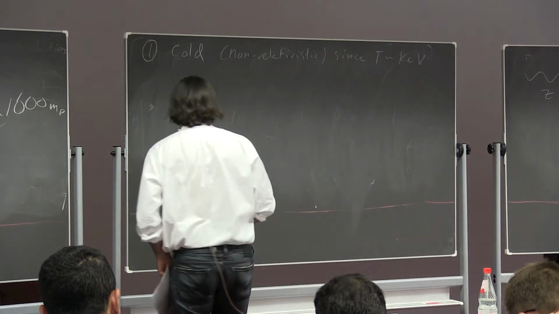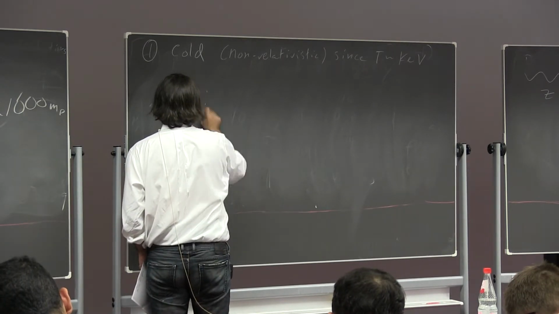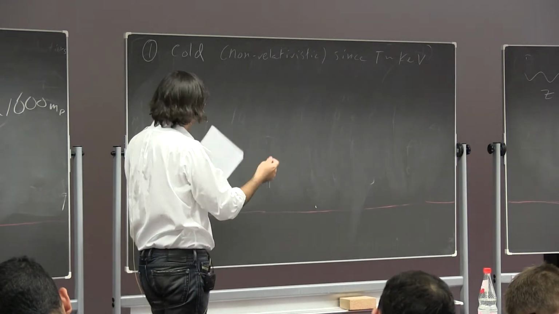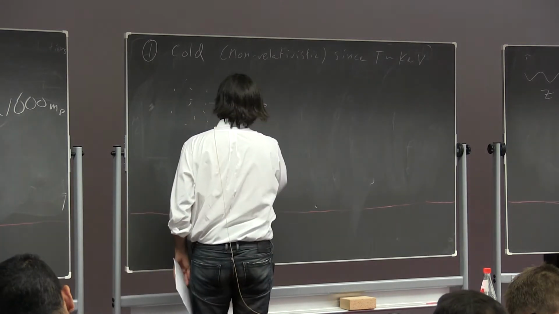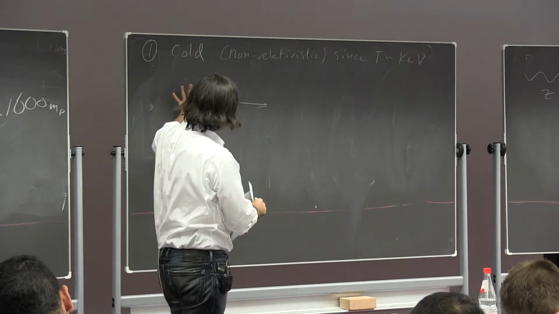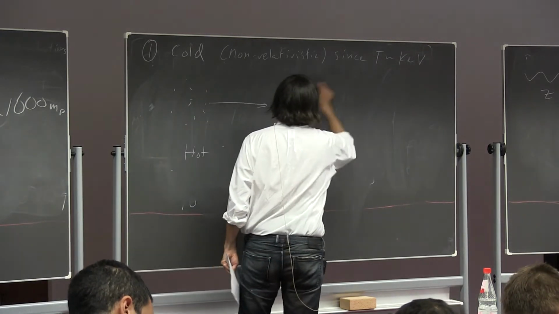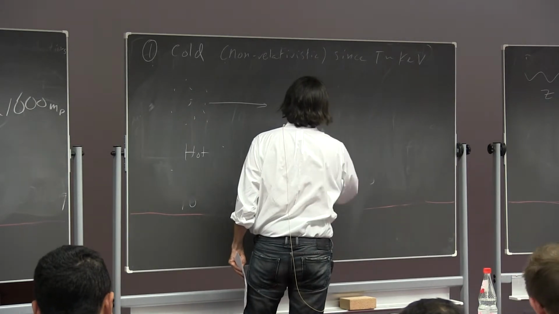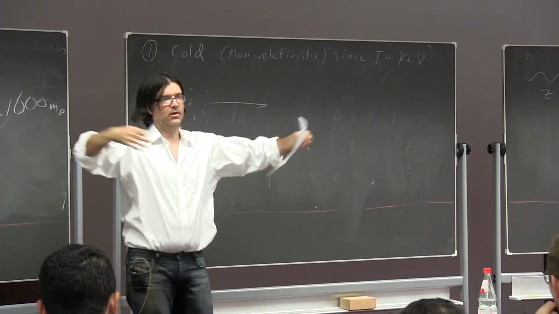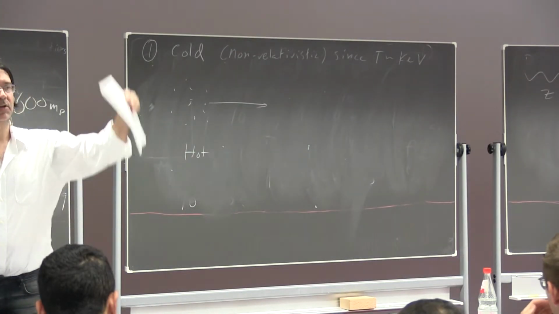And the contrast for that, which was hot, you can imagine you start with some overdensity of hot dark matter. Over the history of the universe, that overdensity will smooth itself out, right? You can imagine I have delta rho over rho, I put a lot of stuff right here.